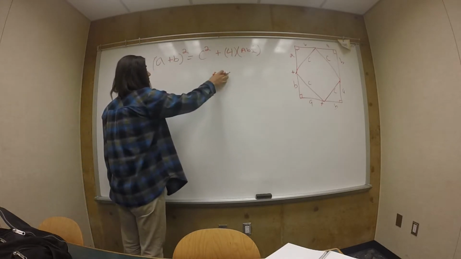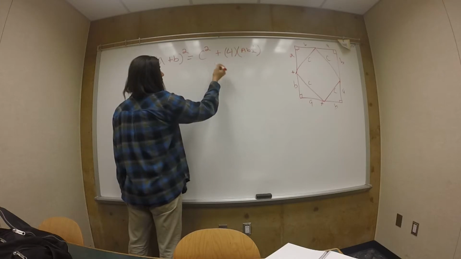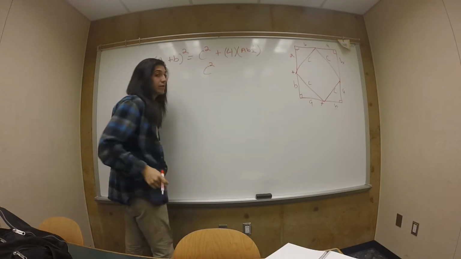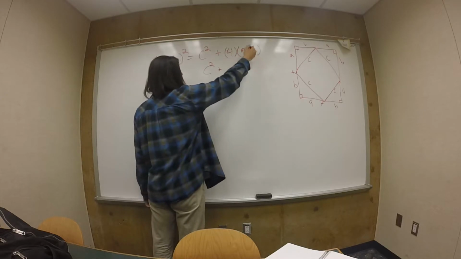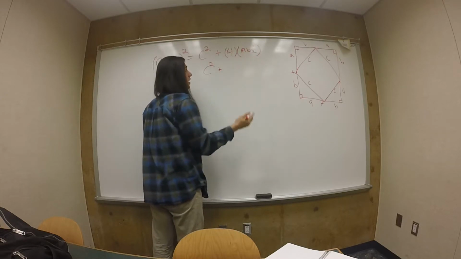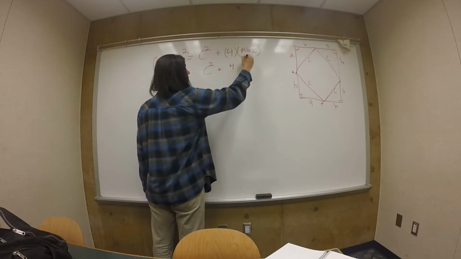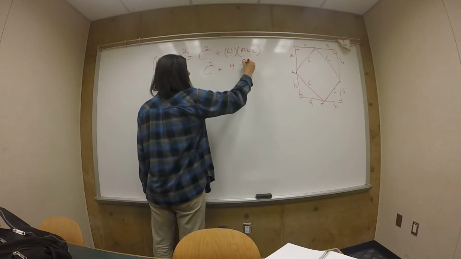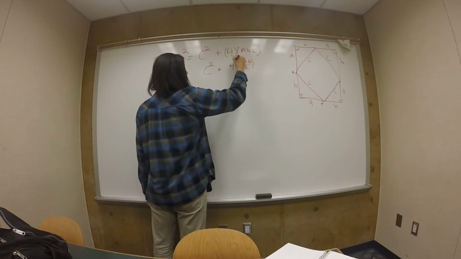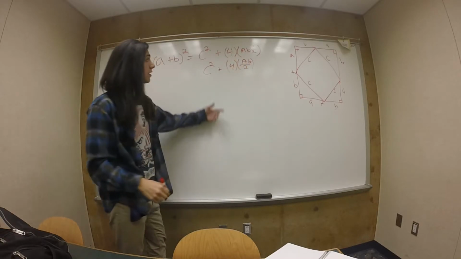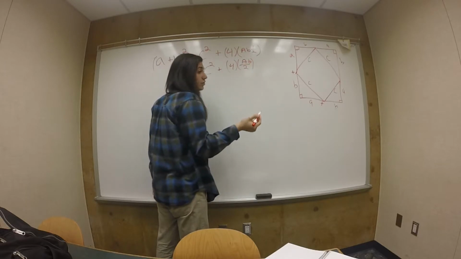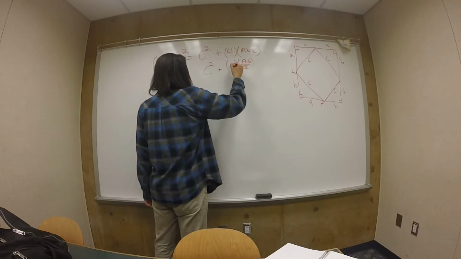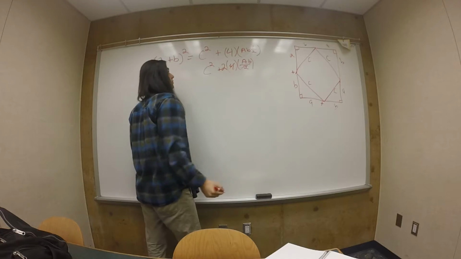So on this right side, c squared will stay as c squared plus, when we multiply ab and 1/2, you get ab over 2. You have to multiply that by 4. You can actually reduce or simplify this down to a 2.